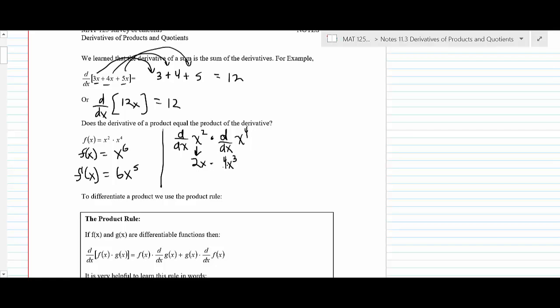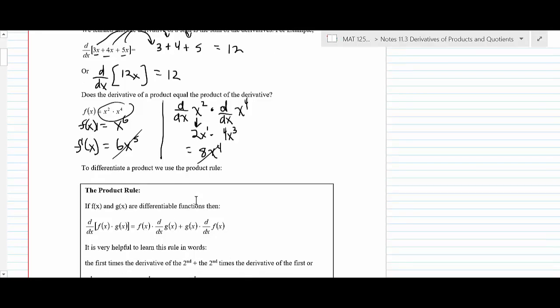Now, if you multiply those two things, you're going to get 2 times 4 is 8. x to the 1st times x to the 3rd is x to the 4th. So it doesn't work. Okay, so that's what I'm trying to show you: you can't just do the derivative of each part like you can on sums and differences. So there's a little bit different rule that you have to apply. Does that make sense? Okay.